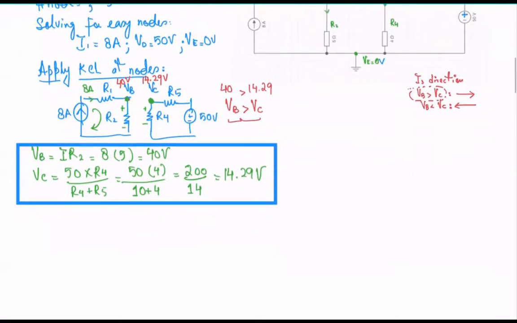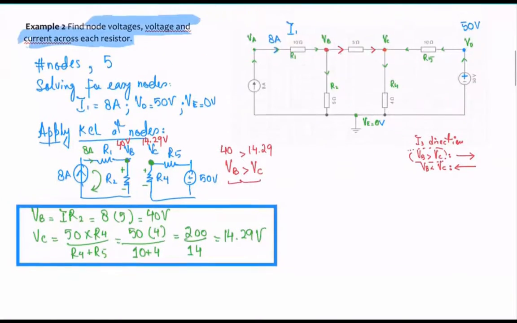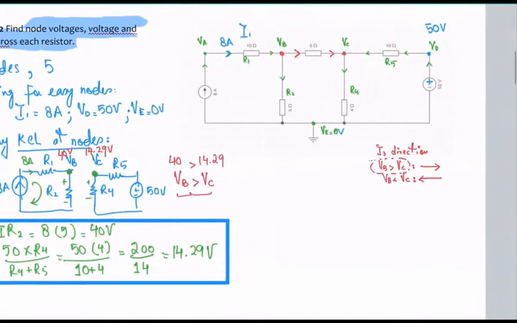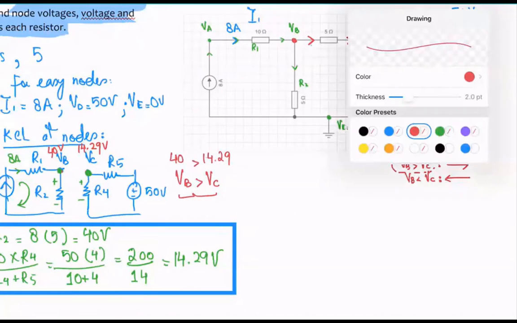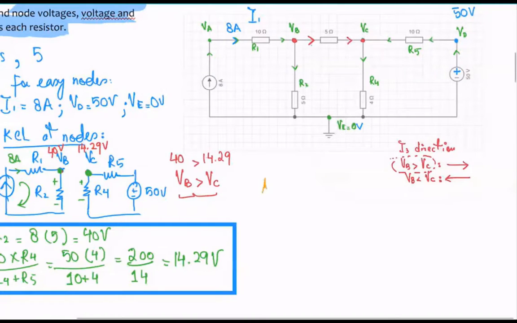Now let's start working on the circuit again. I'm going to zoom in a little. We're going to start with KCL at node B, at node VB.